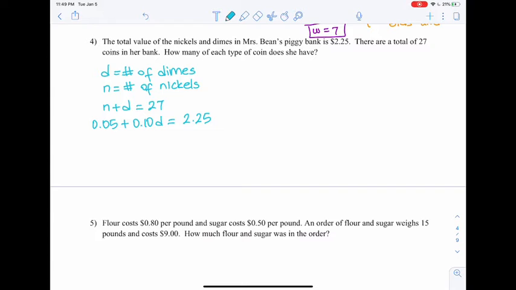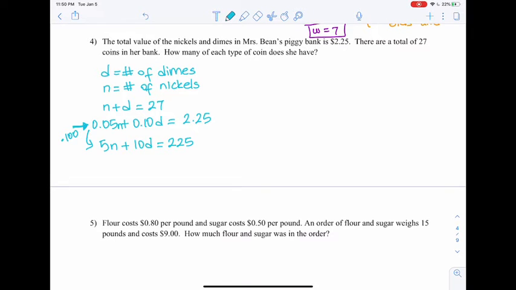Here I highly recommend changing this second equation to whole numbers by multiplying both sides by 100. You will get 5N plus 10D is equal to 225.